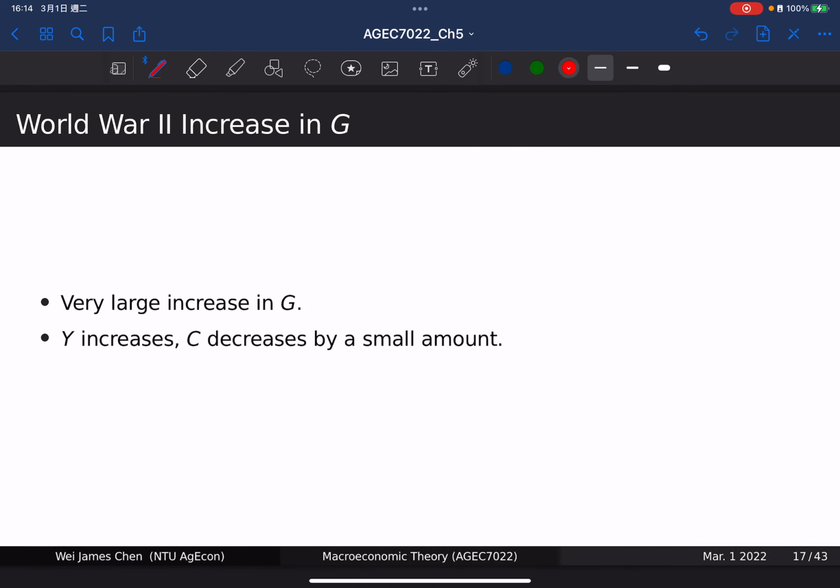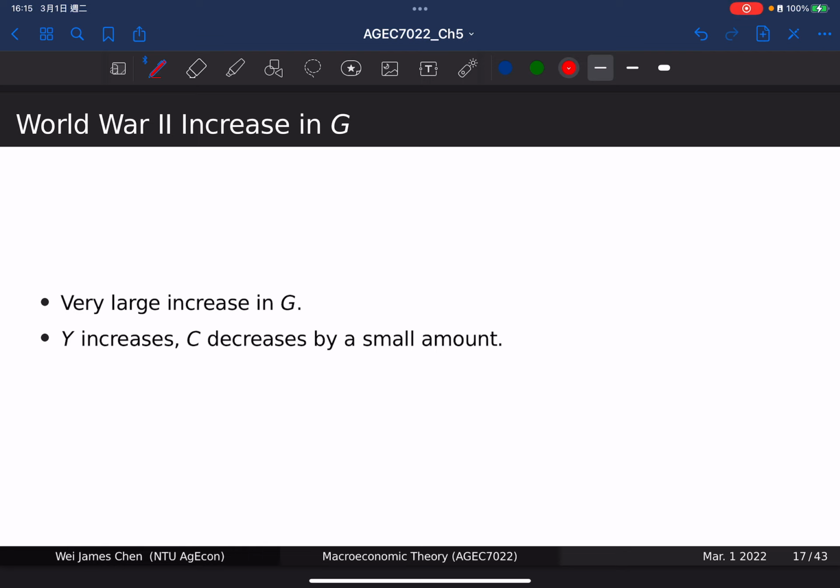Okay, so the most famous government spending increase is what happened in the United States in World War II. In World War II, the famous thing is that the U.S. government started to move a lot of private consumption production into production of military equipment and material.